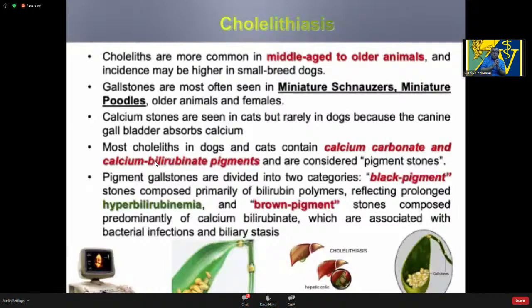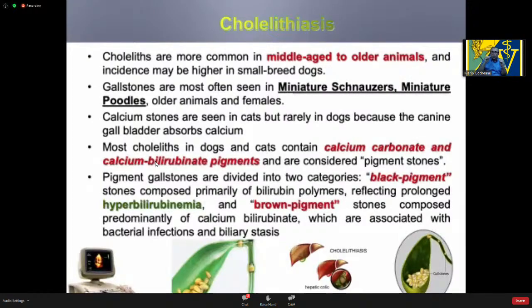In dogs, and also in cats, most of these gallstones contain calcium carbonate and calcium bilirubinate pigments. And these can be defined and considered, of course, pigment stones.